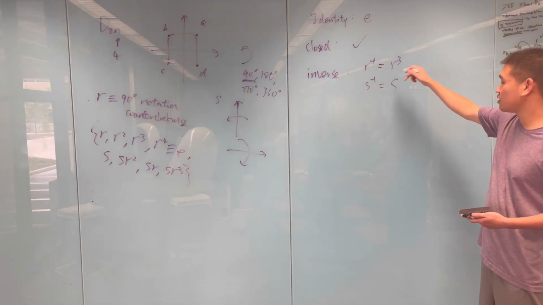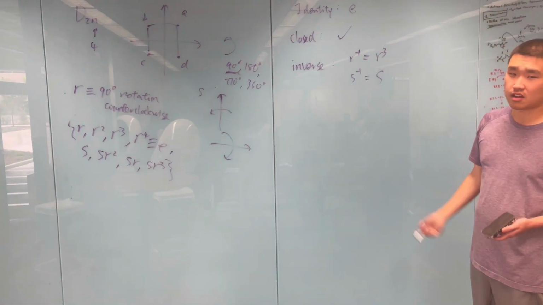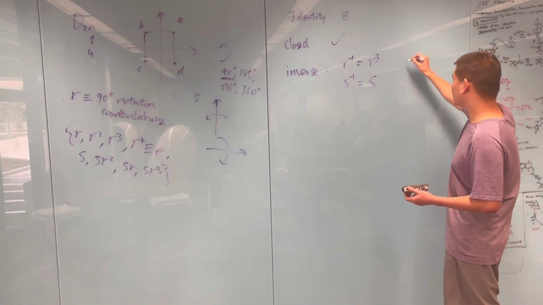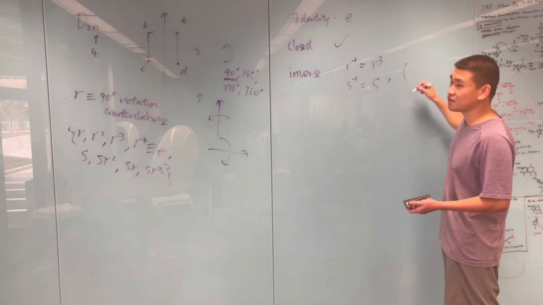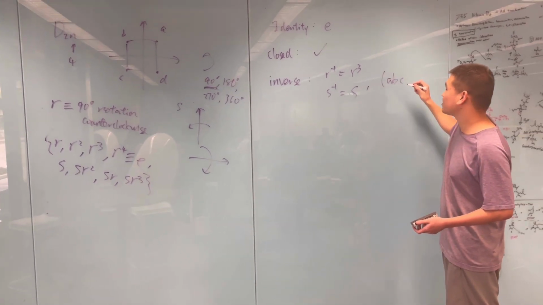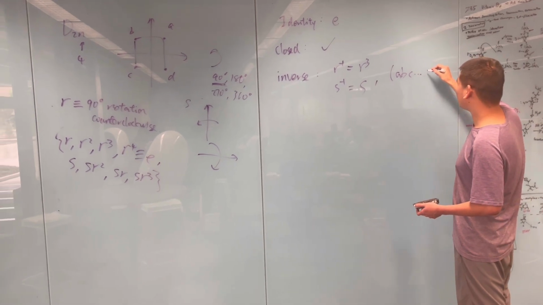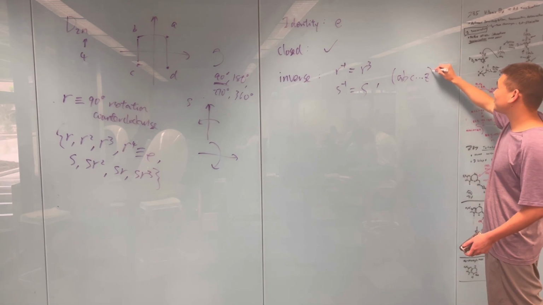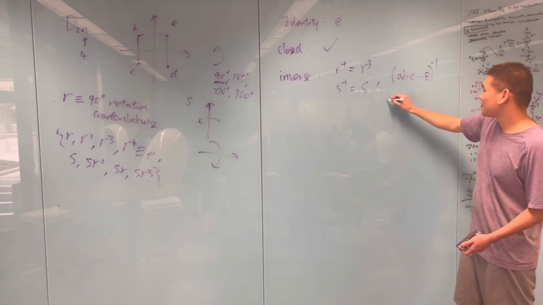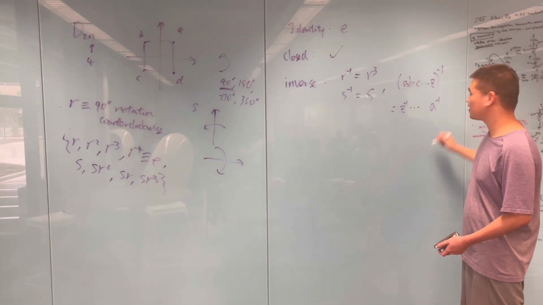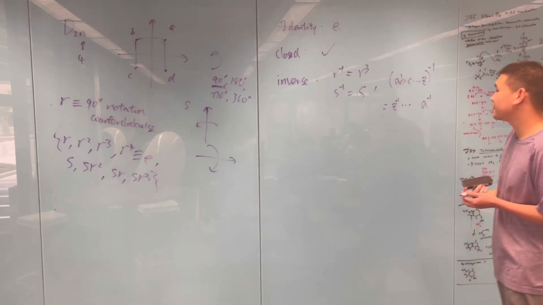And with these two things, you can get the inverse of all other elements, because they're just combinations of R and S, using the fact that the inverse of ABC, let ABC be R and S, all the way to Z, I don't know, however many you want, doesn't matter, works like this. So you can define the inverse of all elements.